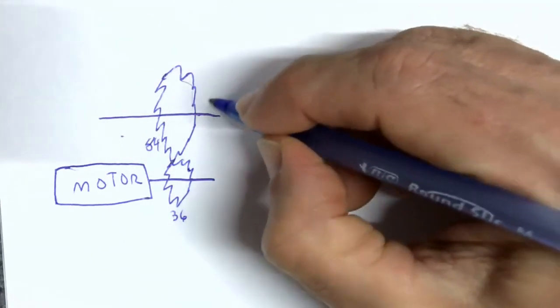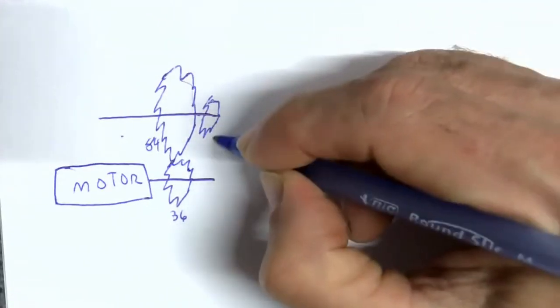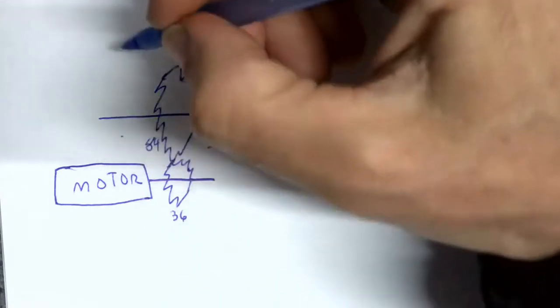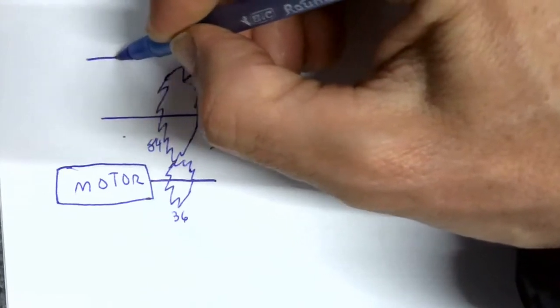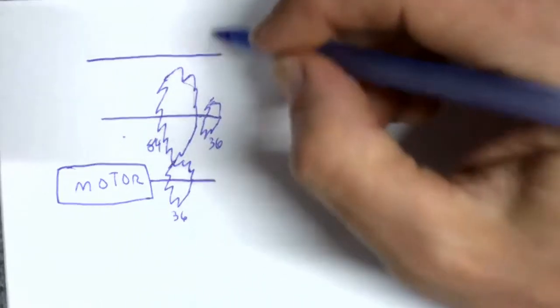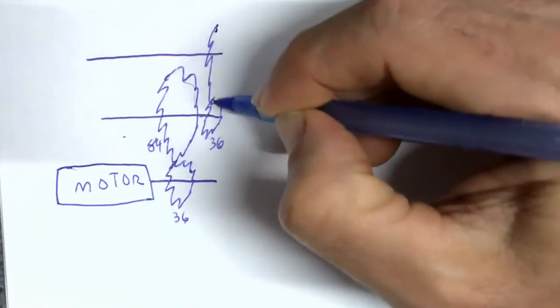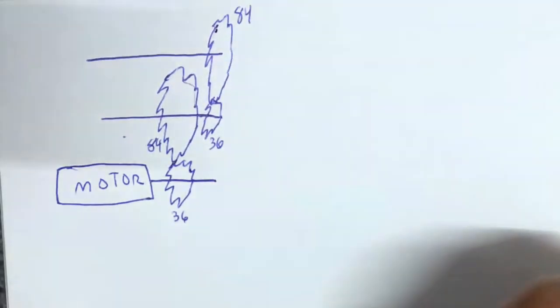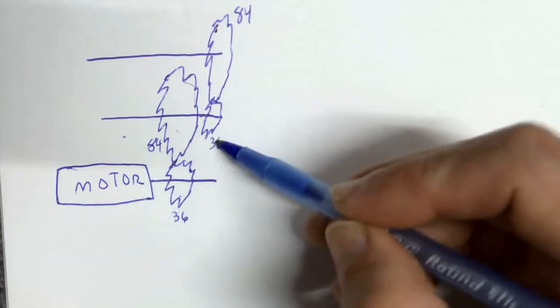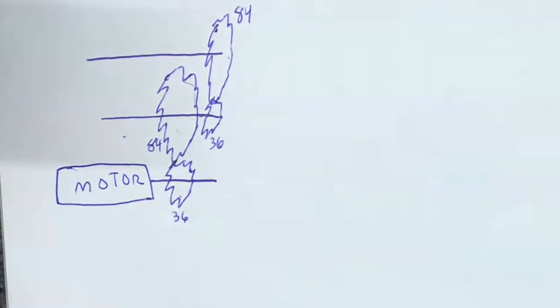And on this shaft, there's another 36 tooth gear here, which goes to another shaft, as you might expect, with another 84 tooth gear. So I went 36 to 84, 36 to 84.